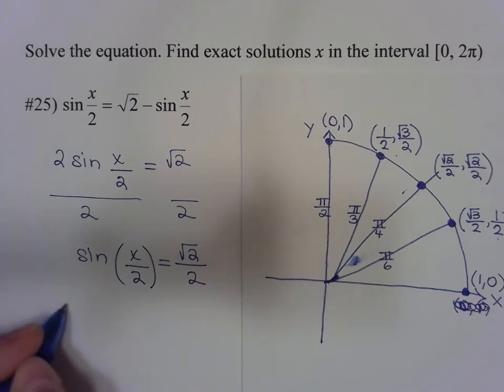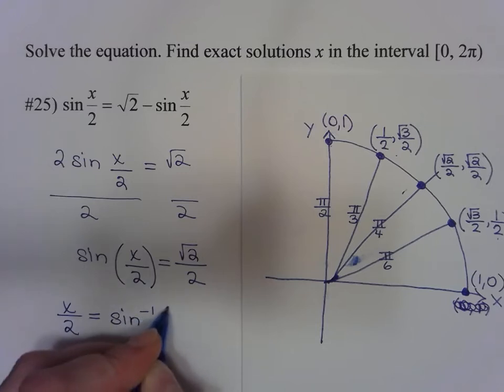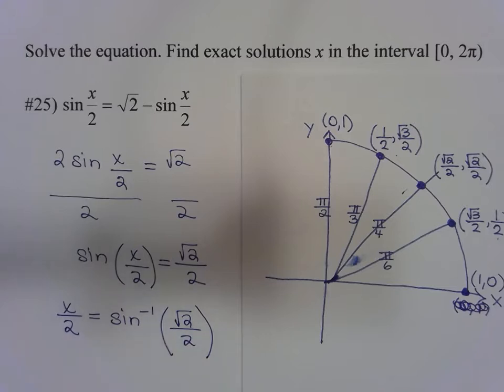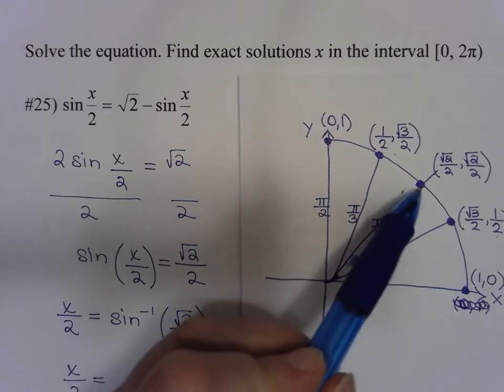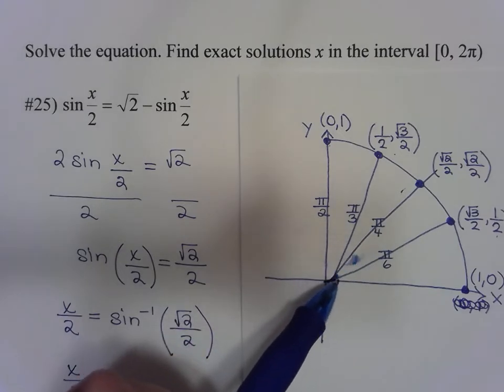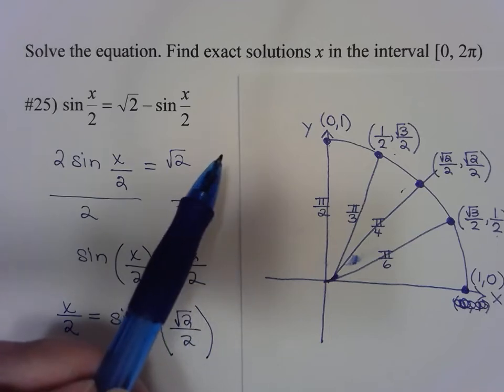So x over 2 would be the inverse sine of square root of 2 over 2. And the inverse sine of square root of 2 over 2 actually could have two possible values, right? The sine is going to be positive here in quadrant 1, but also here in quadrant 2.